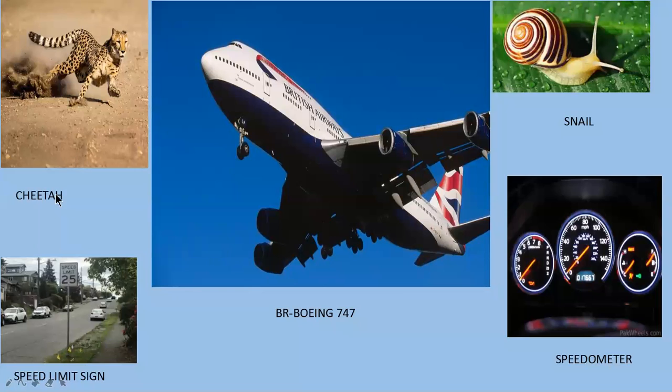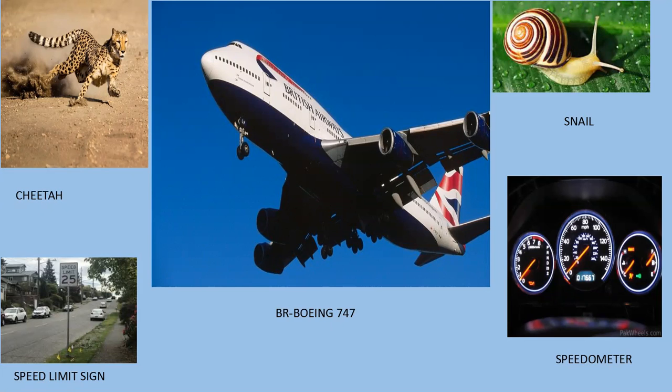This is the cheetah, and this is the fastest animal on the land. It can run up to 30 meters per second. In 1 second, it can travel 30 meters.